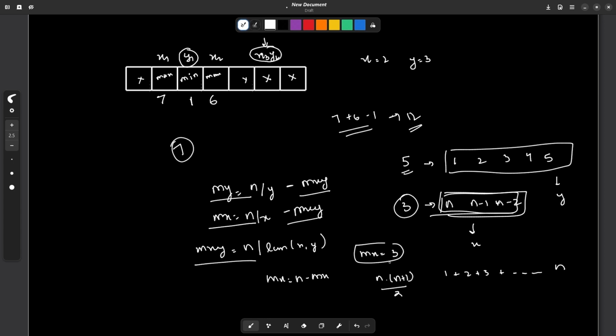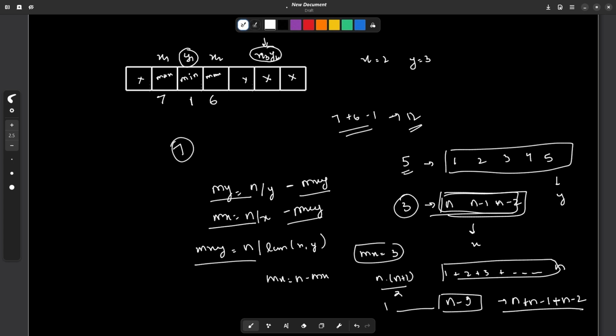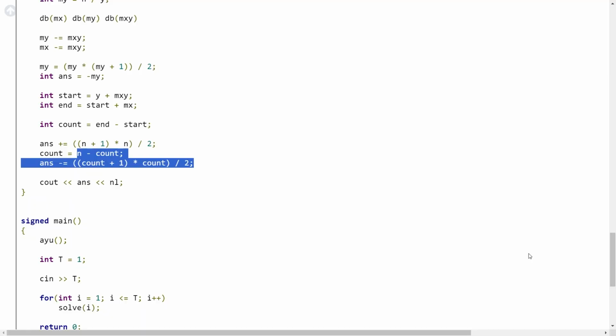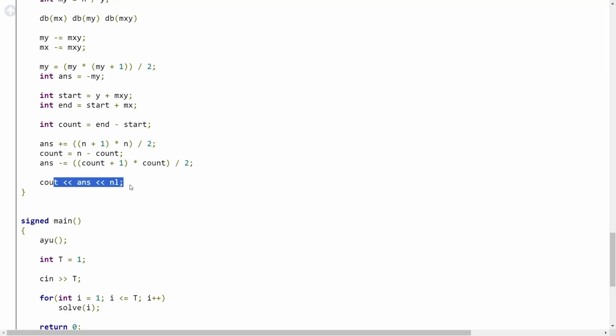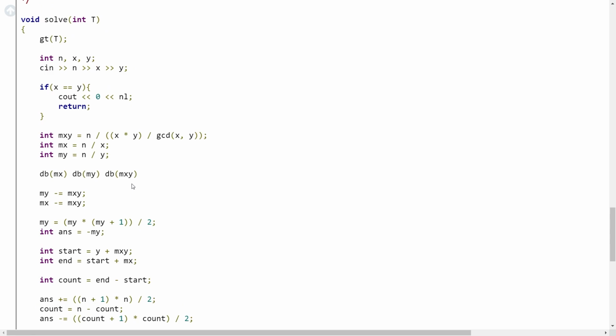So now your m_x is going to be n minus 3, right? So if I subtract the summation of all the values from 1 to n minus 3 from the summation of 1 to n, your final answer is equal to n plus n minus 1 plus n minus 2. This is exactly what we wanted, right? So you can solve this problem this way. I just messed it up here a little bit, and then you can print your final answer. So this would be the solution of this particular problem.